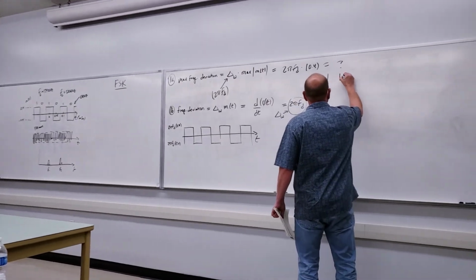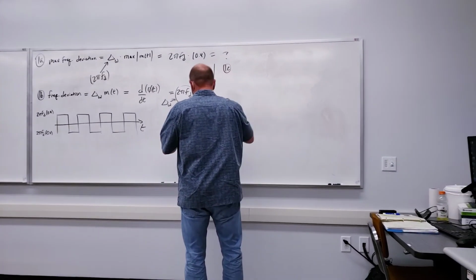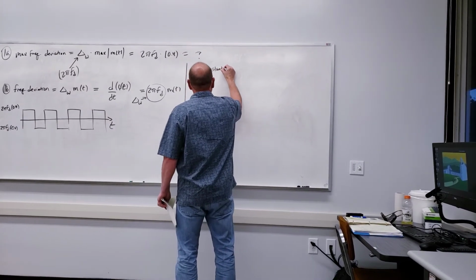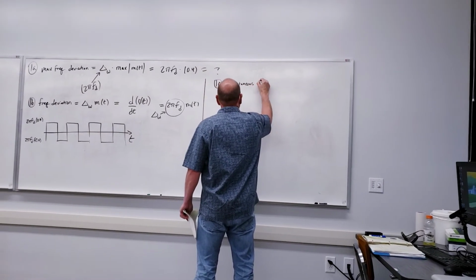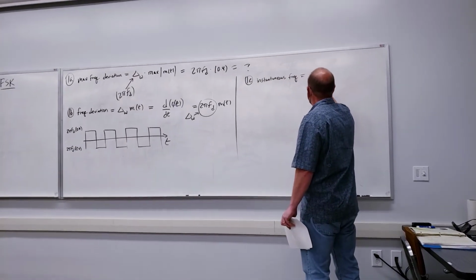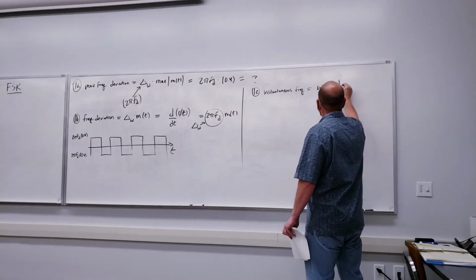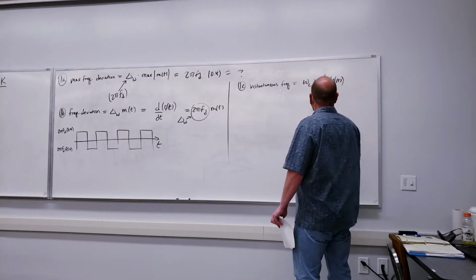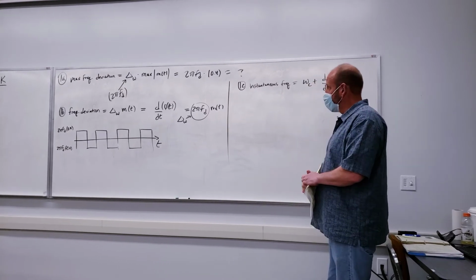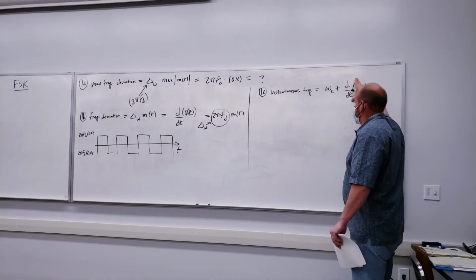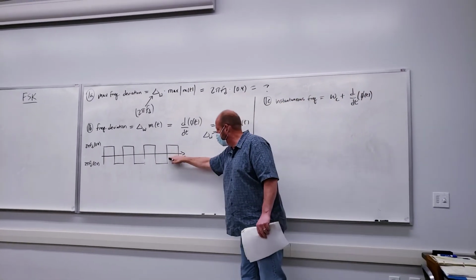All right, 1C. Now it's asking for the instantaneous frequency. And this is carrier frequency plus the derivative of the phase deviation, or the frequency deviation. So this right here is just this guy.